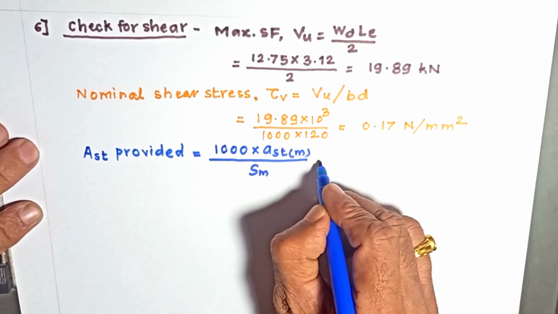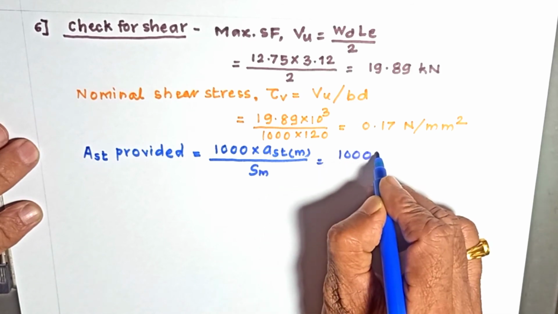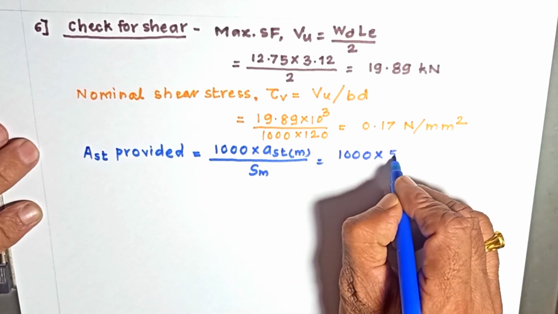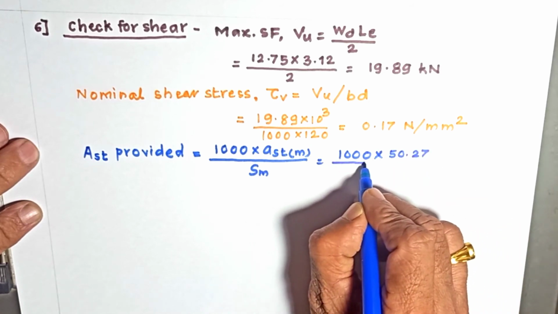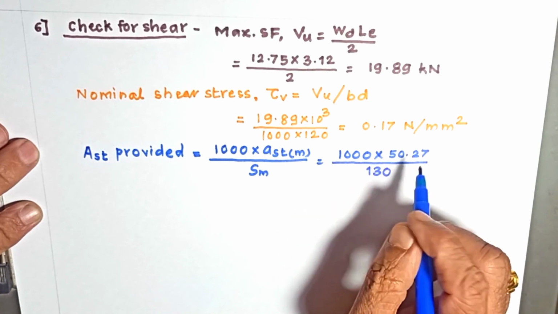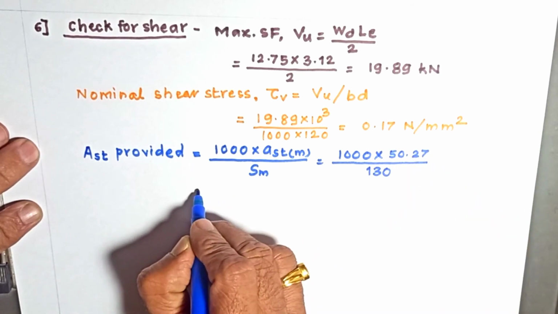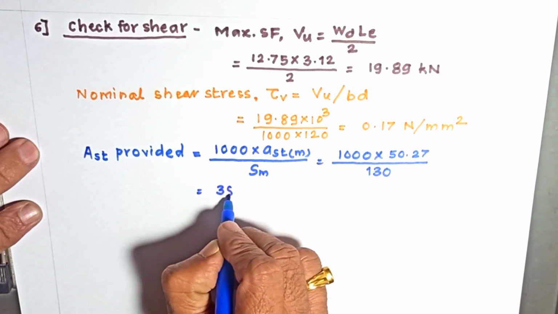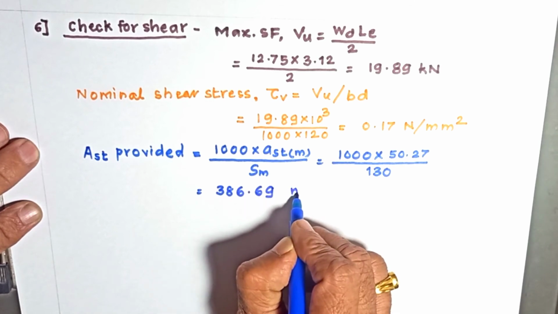Therefore it will be 1000. Main bars 8 mm tor we have provided, so area of 1 bar is 50.27 divided by spacing is 130. So if you calculate this, this will come out to be 386.69 mm square.